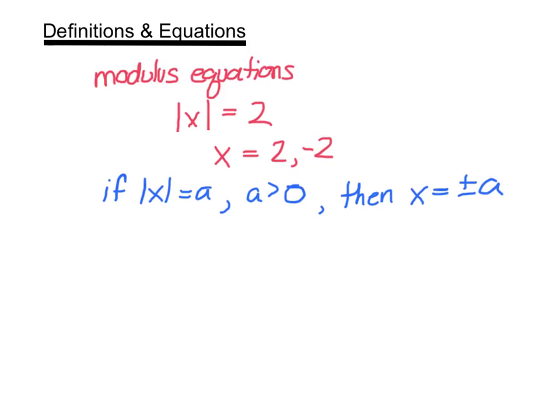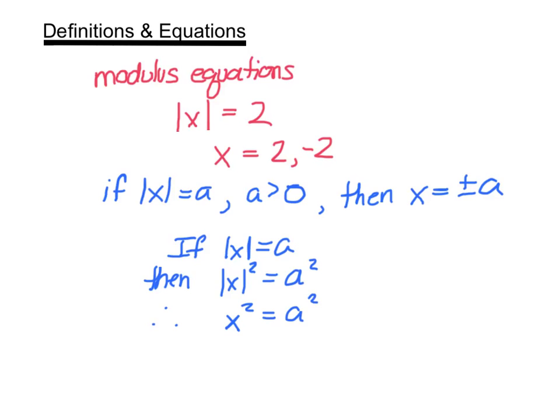So I'm going to quickly walk you through the proof of this general statement. We know that if the absolute value of x equals a, then we can square both sides to get the absolute value of x squared equals a squared. Well, from the properties that we talked about in the previous slide, we know that x squared therefore has to equal a squared. Do a little bit of rearranging.